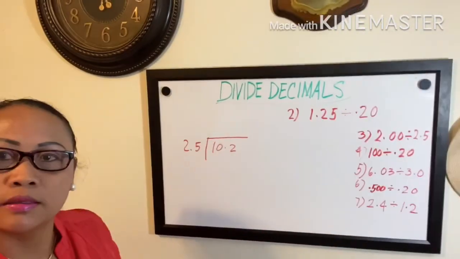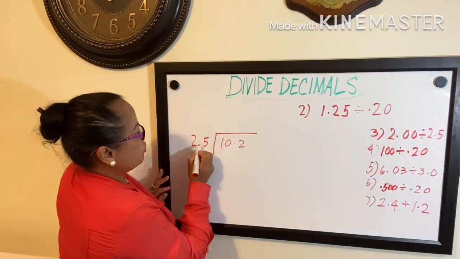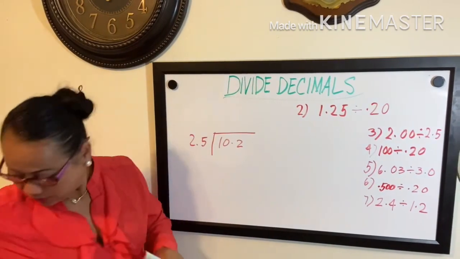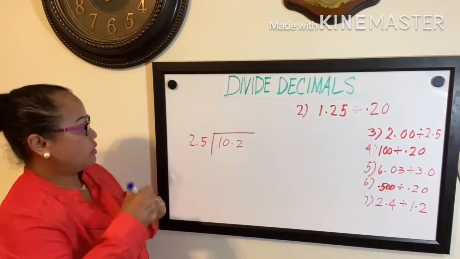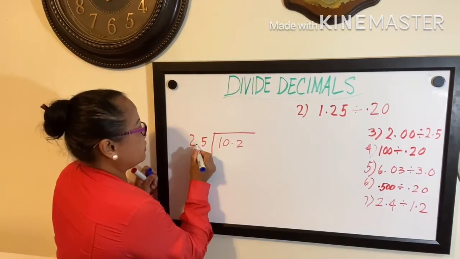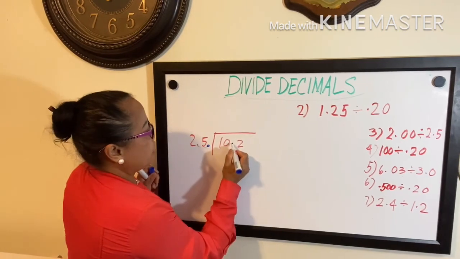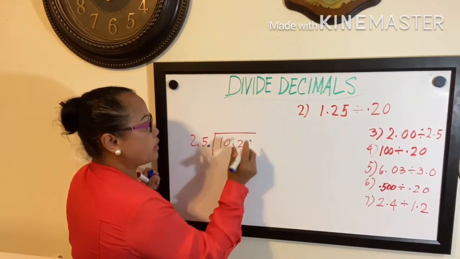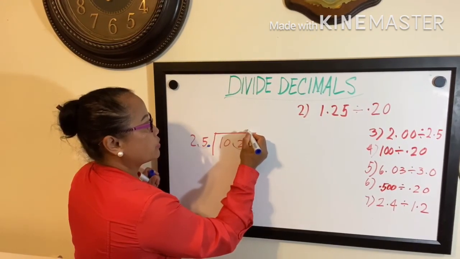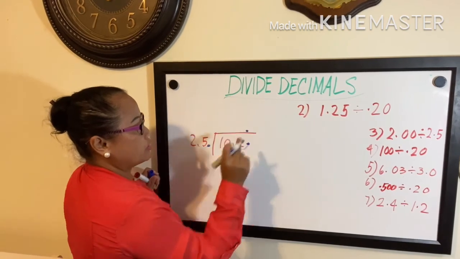So move here one place to the right. So the decimal is here. And one place here. Decimal is here. After moving, you have to put the decimal here on top, which is the quotient.